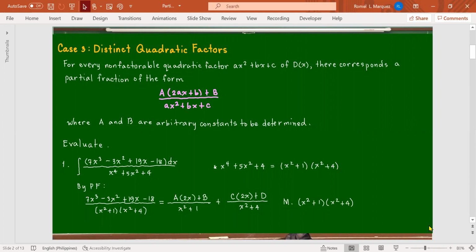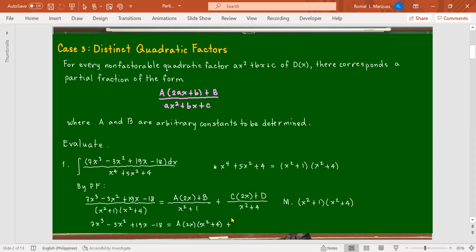So after multiplying, we get on the left side 7x cubed minus 3x squared plus 19x minus 18. On the right side, for the first term, we have A times 2x, so x squared plus 1 is cancelled, and we get another factor, x squared plus 4.